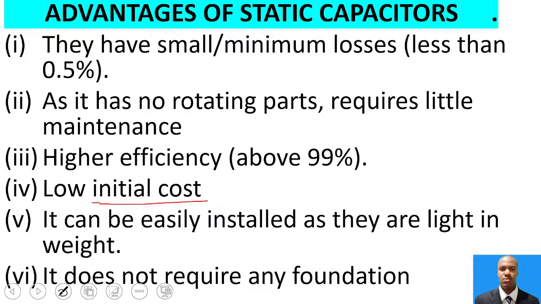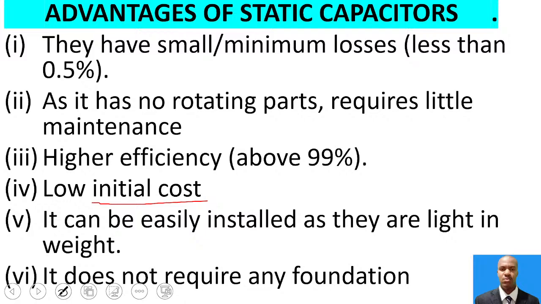Then it has its shortcomings, or disadvantages, and one of the disadvantages is a very short service life. That is a very short lifespan. It ranges from 8 to 10 years maximally.